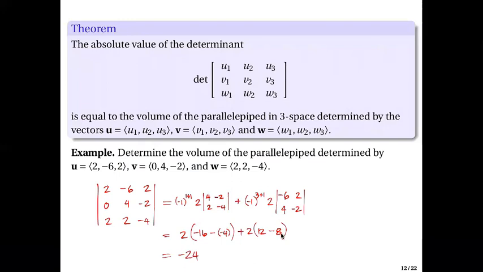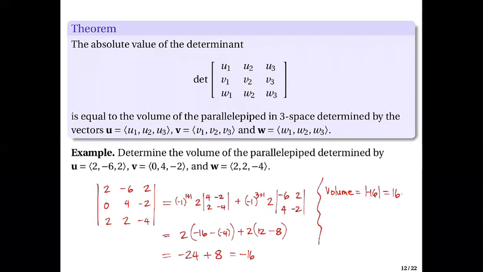Here you have 12 minus 8, that's 4 times 2, so plus 8. So this is equal to -16. That's the determinant. Now we need to get the absolute value to get the volume. So therefore, volume equals the absolute value of -16, which is equal to 16.